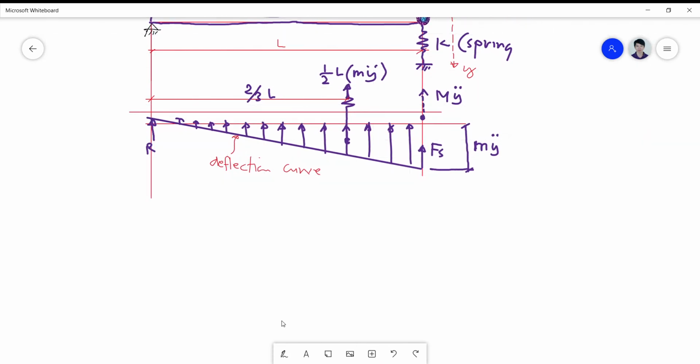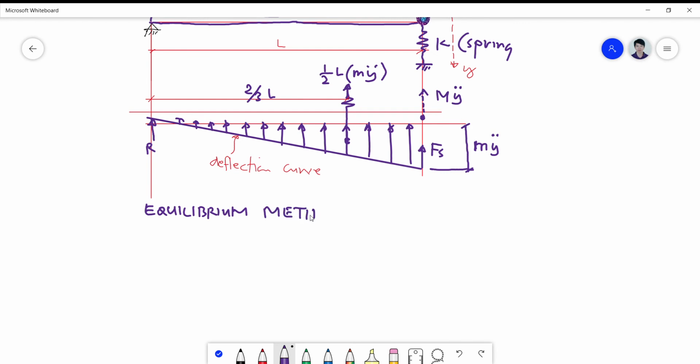For the solution using the equilibrium method, we simply take summation of moments about the reaction, and set this equal to 0.